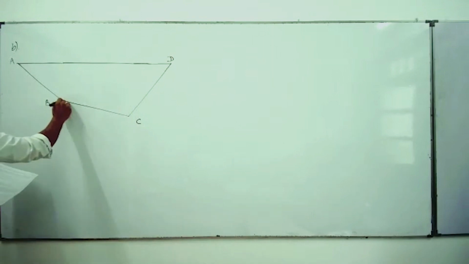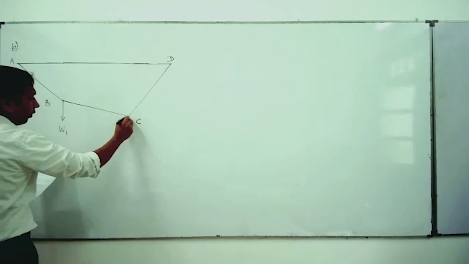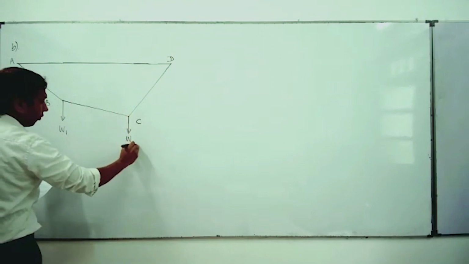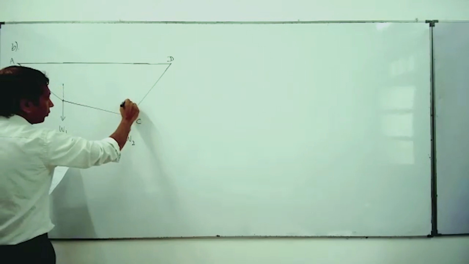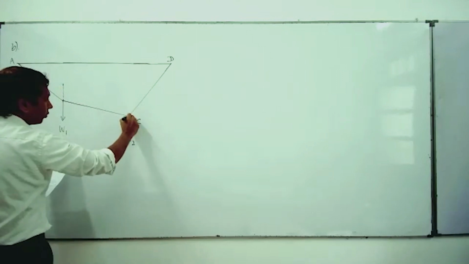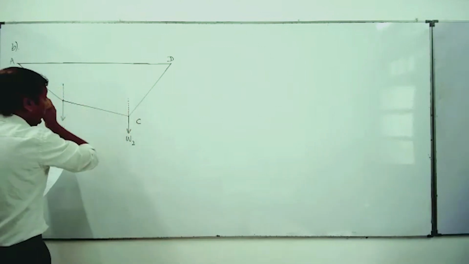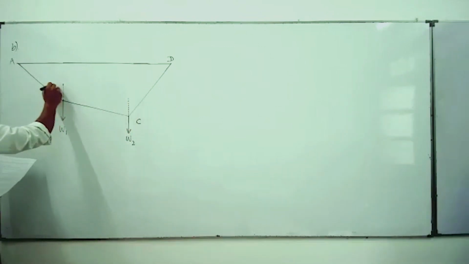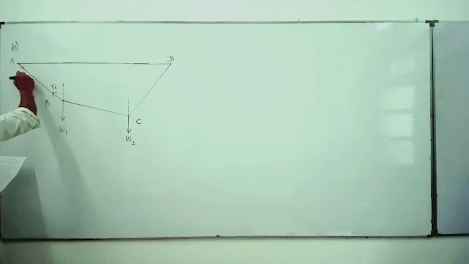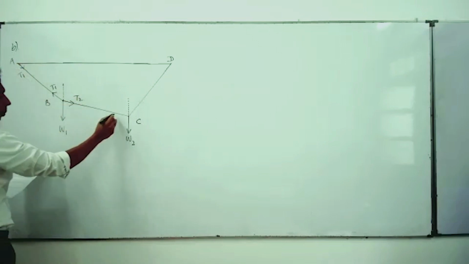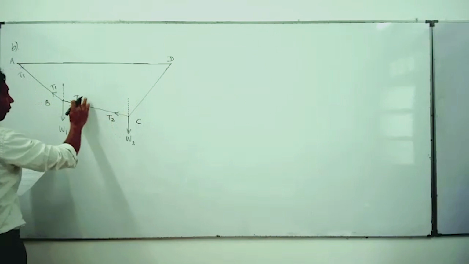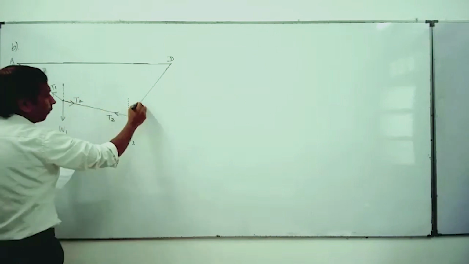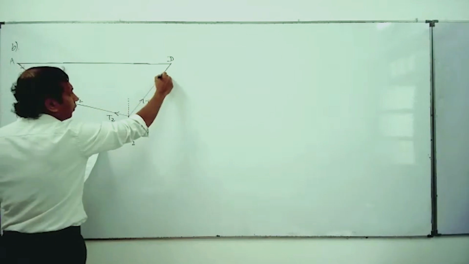Here weight W1, here W2. When we construct verticals here, at this string, suppose tension T1, here also T1, this is T2, here T2, here T3, this is T3.